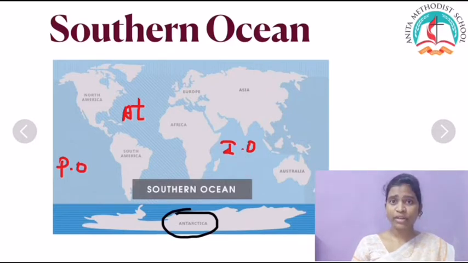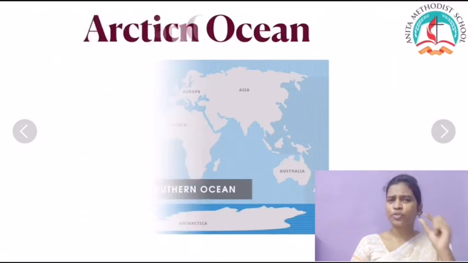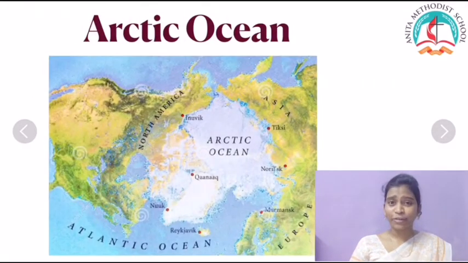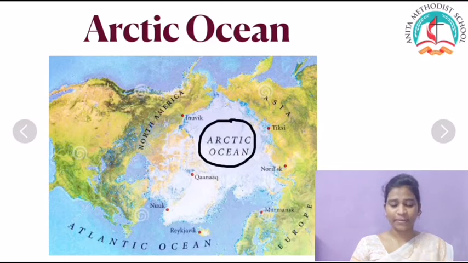How do you think the water in the ocean will be? Will it be warm or cold? Correct. The water in this ocean is very cold. Now, which is the smallest ocean, children? Correct. Arctic Ocean is the smallest ocean. And you all know that it lies within the Arctic Circle.